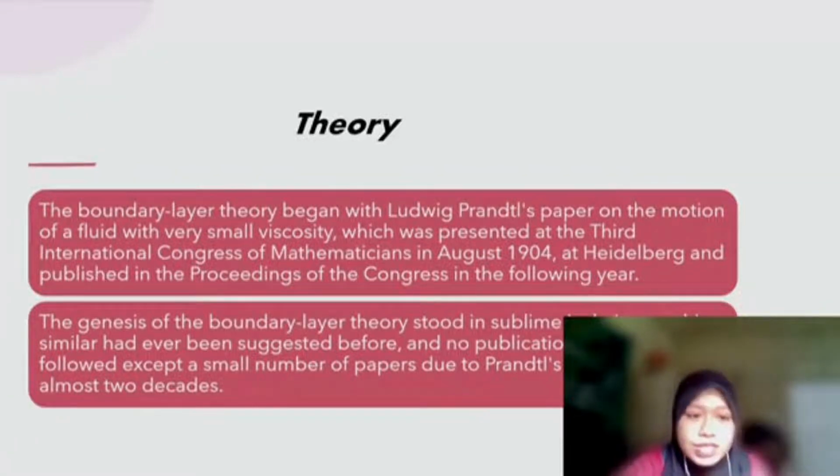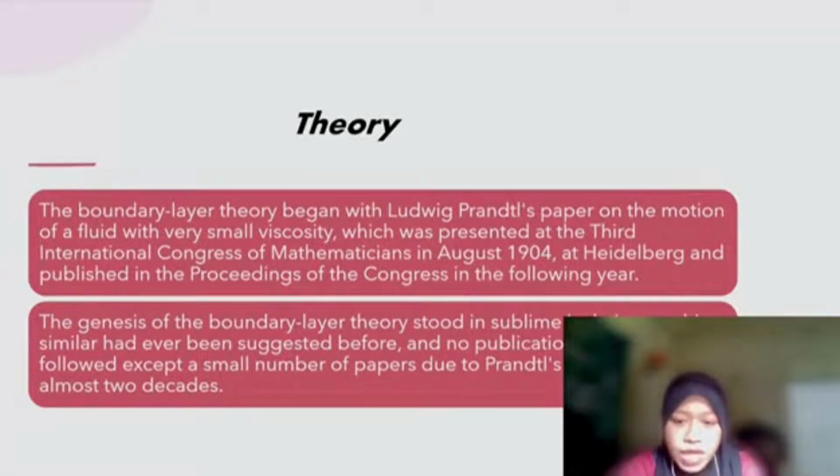The genesis of the boundary layer theory stood in sublime isolation. Nothing similar had ever been suggested before, but no publication on the subject followed except for a small number of papers by Prandtl's students for almost 2 decades.